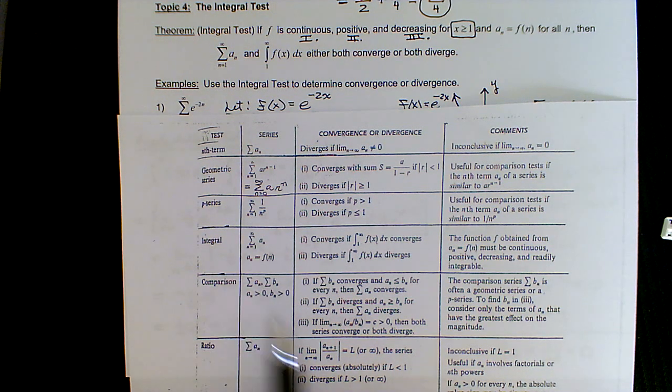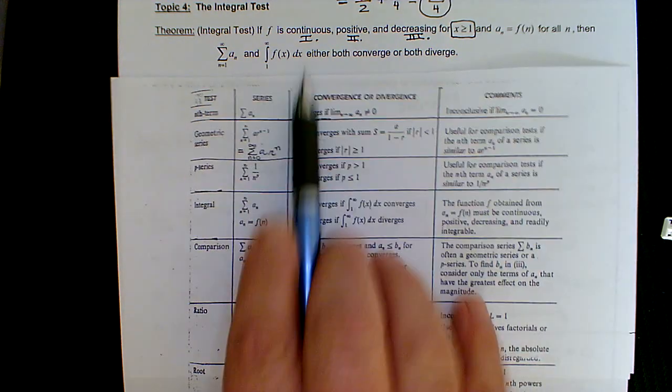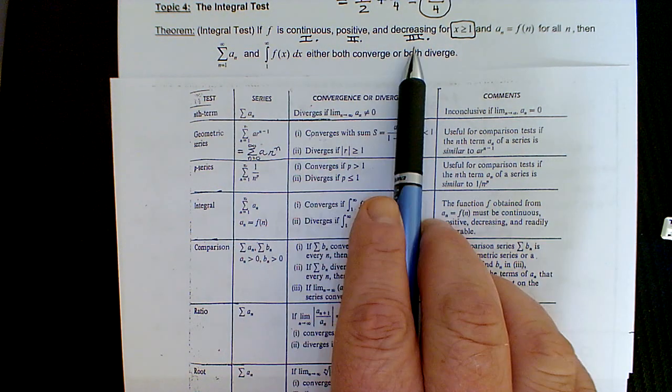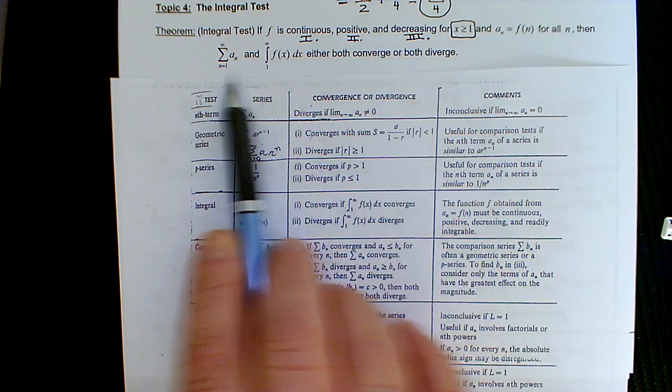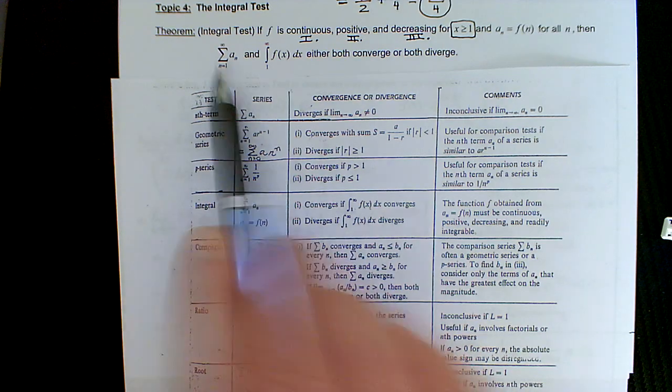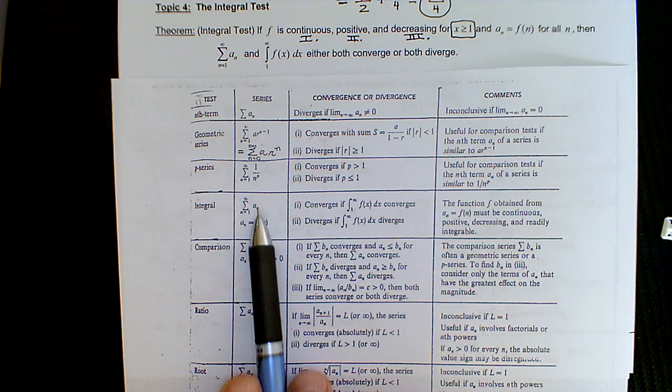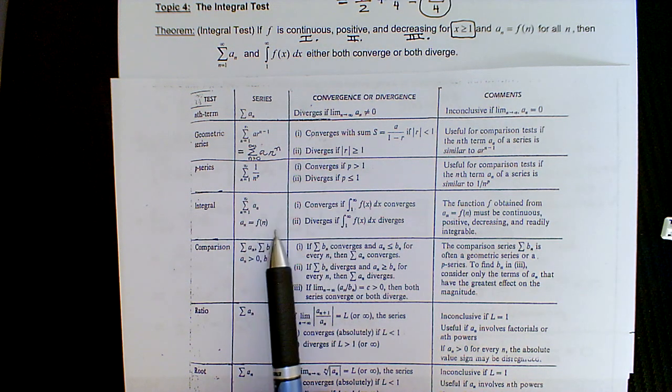Under the integral test, here was the way we stated it. Continuous, positive, decreasing had to be proven, and then whatever the integral does, the series will do. And that's basically what this says, just in a different way.